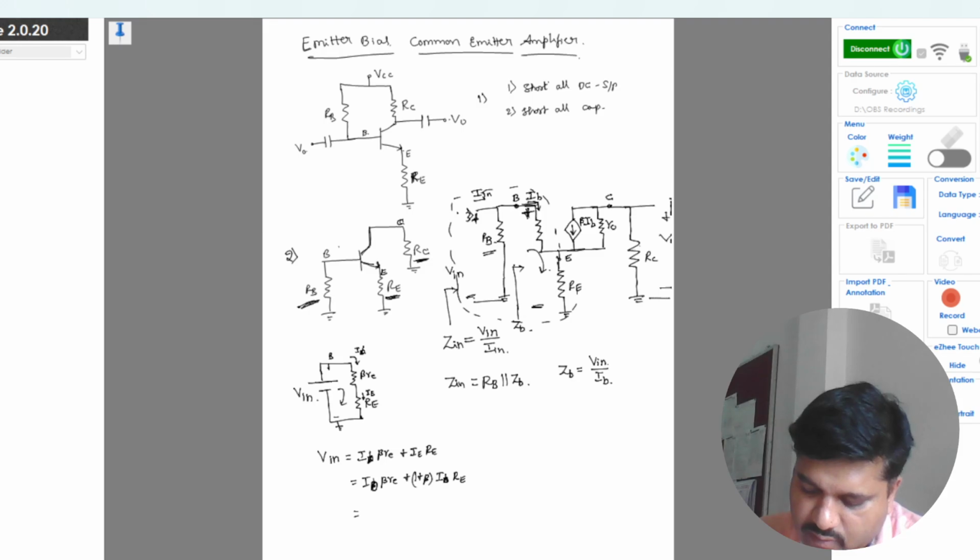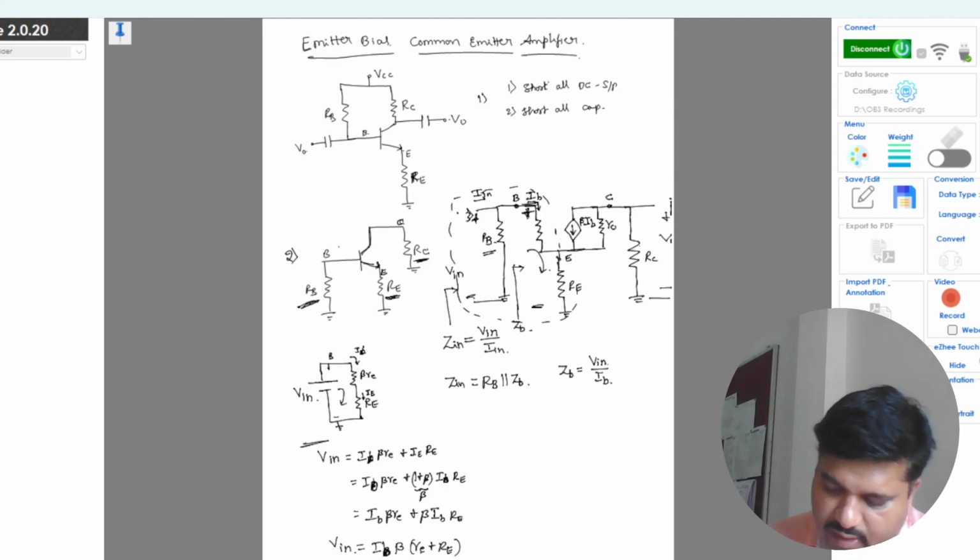Now approximating this 1 plus beta as beta itself, so Ib into beta Re plus beta into Ib into Re. Taking Ib common, I can take beta also common, so Re plus capital Re. So this is my input voltage corresponding to this network that I have taken.